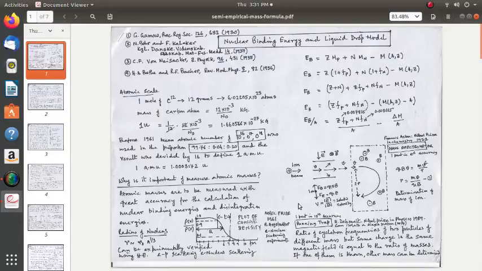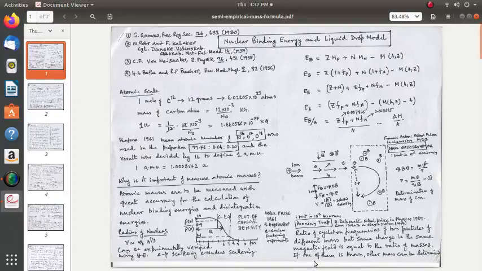So even further accuracy can be obtained using a Penning trap. A Penning trap is another type of experimental setup, where the ratio of cyclotron frequencies of two particles of different masses but same charge and in the same magnetic field is equal to the ratio of the masses of those ions.